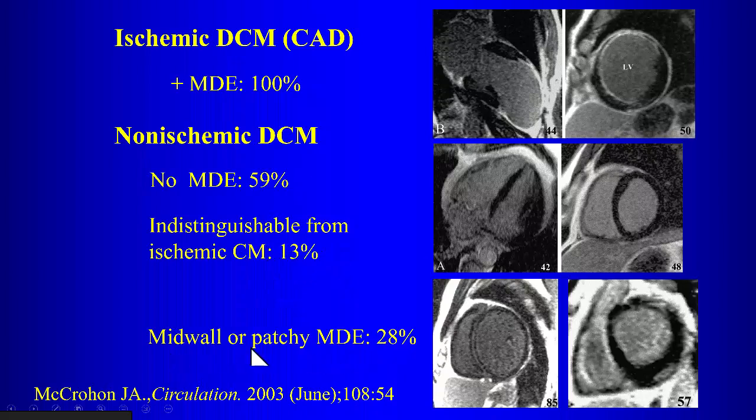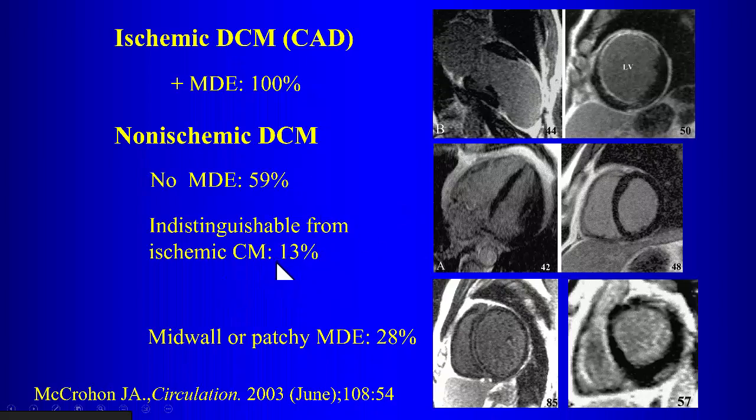The second most common group was a group that developed mid-wall or patchy delayed enhancement, right? A non-ischemic pattern of enhancement, which is usually a pattern that we see as a sequela of viral myocarditis, okay? So this is again a non-ischemic pattern of delayed enhancement. It's a cause of non-ischemic cardiomyopathy. A smaller percentage, though, did have delayed enhancement that was indistinguishable from ischemic cardiomyopathy.